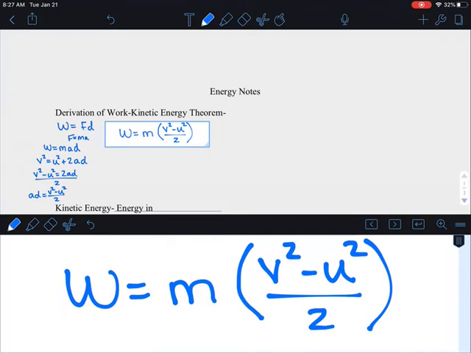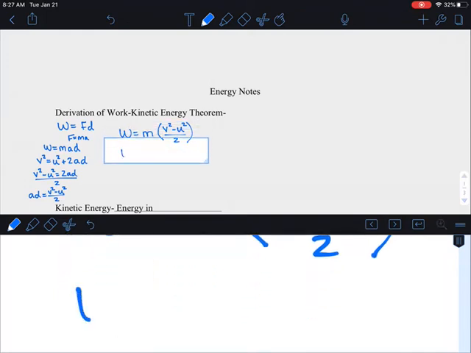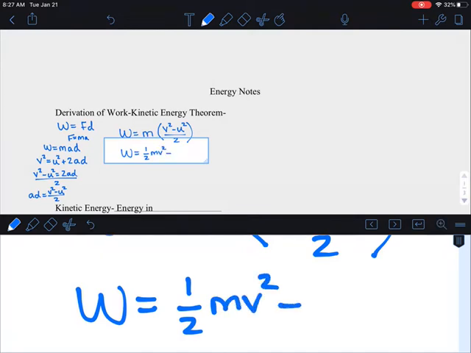And then I'm going to distribute the m and rewrite the equation. And the final equation looks like this. Work equals 1/2 times mass times final speed squared minus 1/2 mu squared.